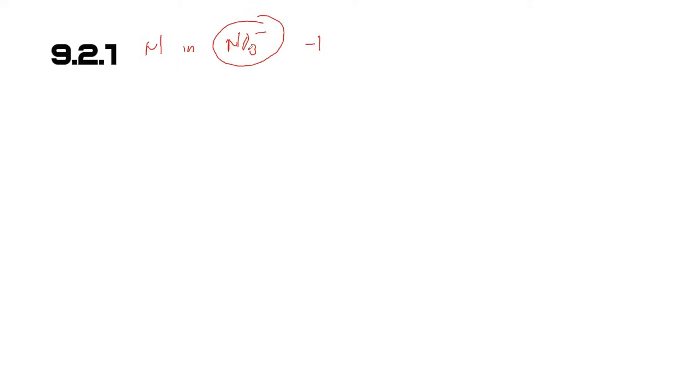But remember the standard oxidation number for oxygen is -2. So that means we have X plus 3 times -2, and this will give us -1. So we have X, and then -6 equals -1. Then X equals -1 plus 6. So the oxidation number for nitrogen is +5.